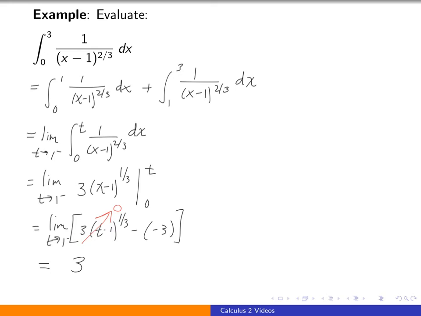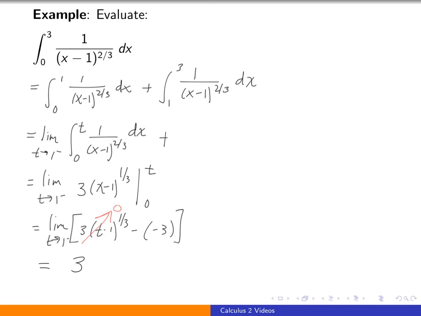So because the first improper integral, when we've rewritten it, converges to a number, 3, there's a possibility that the original improper integral converges. But it now all depends upon the second remaining integral. So similarly, let's evaluate.